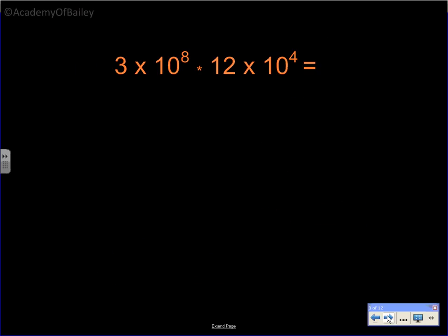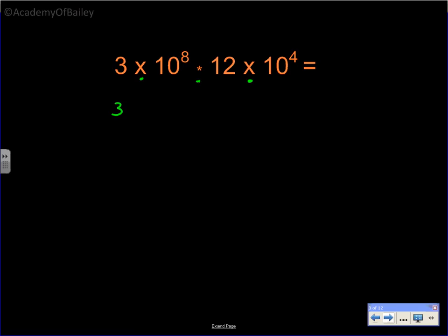Let's look at this next example. This is real helpful when we multiply scientific notation, among other things. But scientific notation, since it's all multiplication, we have some numbers here. The commutative property of multiplication will allow us to rearrange these.